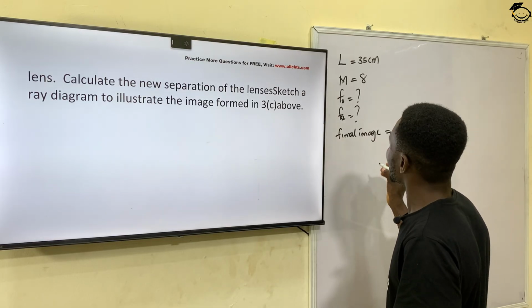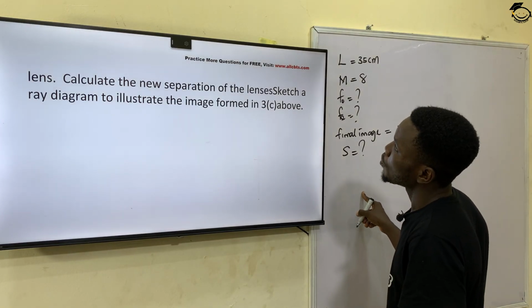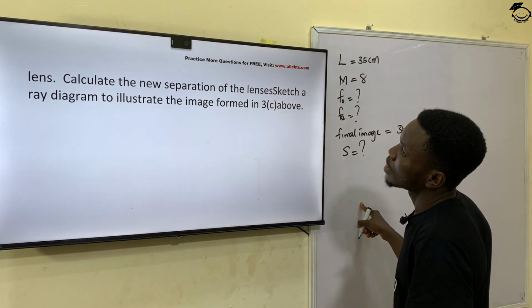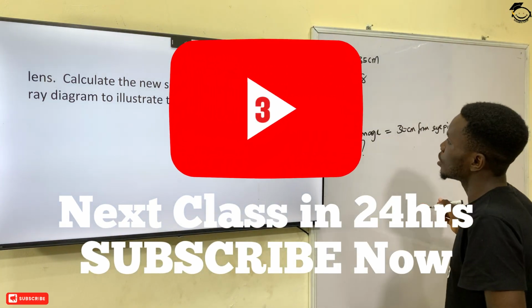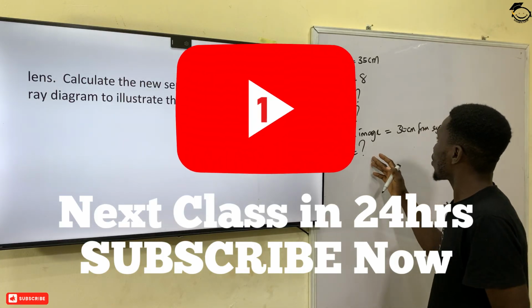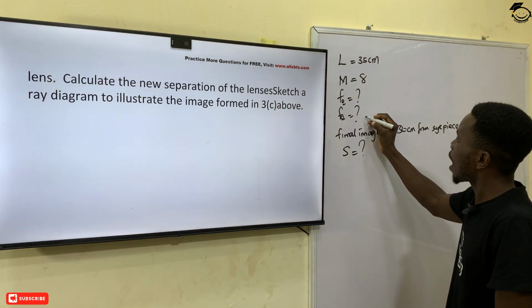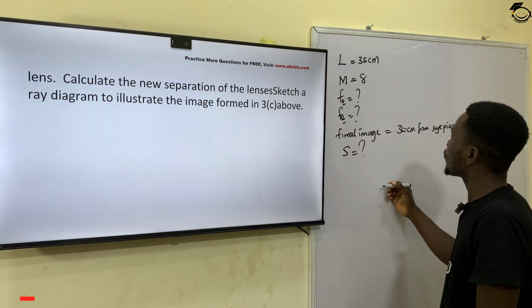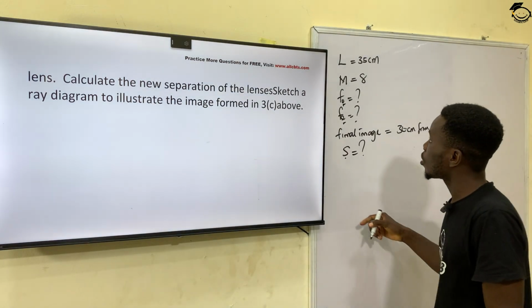Calculate the new separation of the lenses. Then sketch a ray diagram to illustrate the image formed in 3C. So all we have to do here is first find what our F0 is and what our Fe is, and then we'll find our new separation to be able to solve the question.